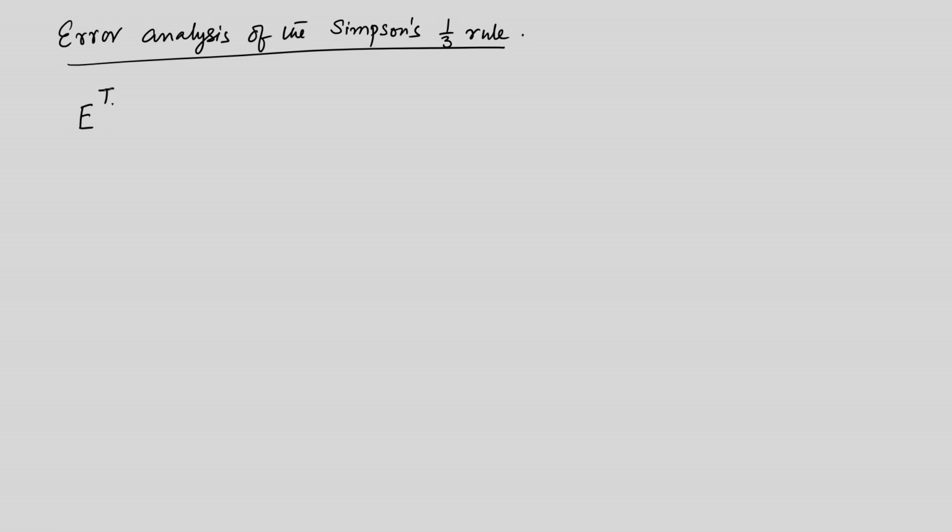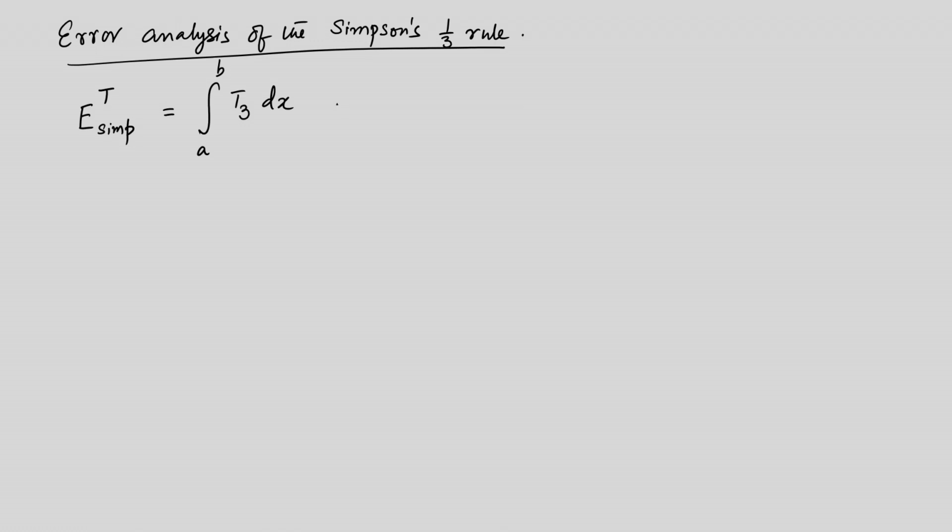So, we can write T for truncation, and let us write simp for Simpson, between A and B, and in tune with our ongoing notation, let us write T 3, because T 0, T 1 and T 2 have already been accounted for.